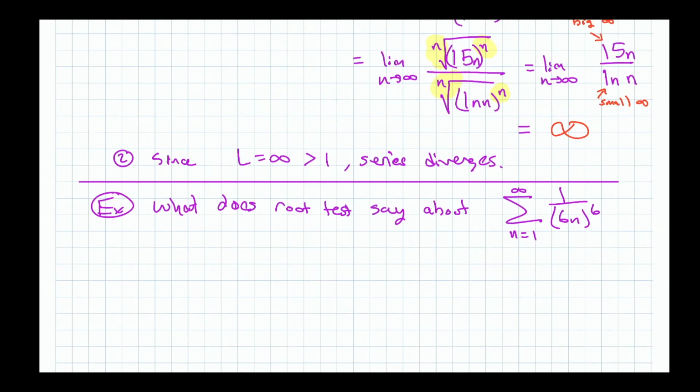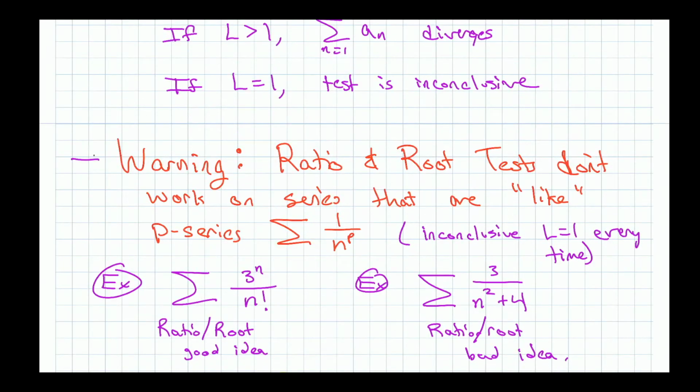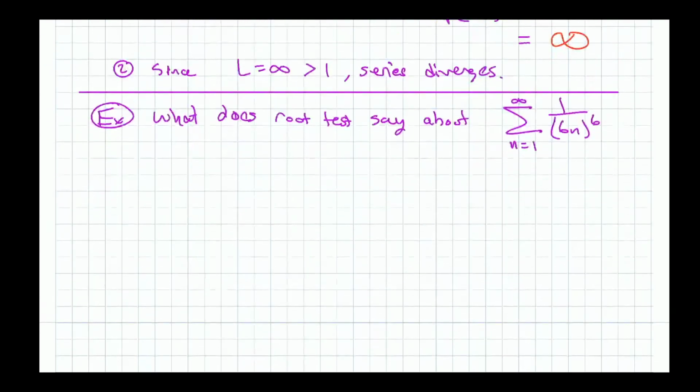That is a power of n. That means we're looking at a p series. We're looking at n to the 6th, which is a p series. So what's going to happen? I already told you it's going to be inconclusive, but let's apply it just so we can see. What does the root test say about this? Inconclusive, but let's do it.